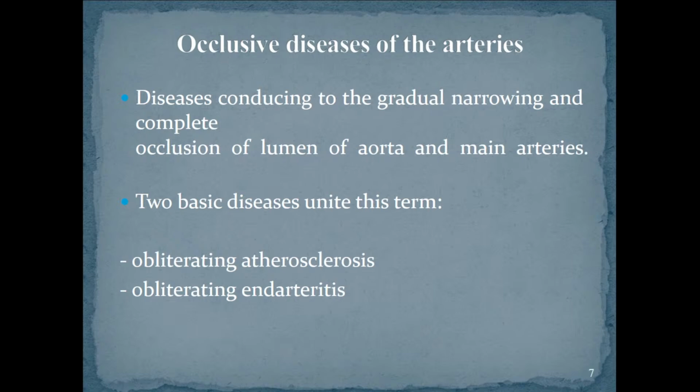Occlusive diseases of the arteries. So they are diseases conducing to gradual narrowing and complete occlusion of lumen of aorta and main arteries. Two basic diseases unite this term: obliterating atherosclerosis, obliterating endarteritis.